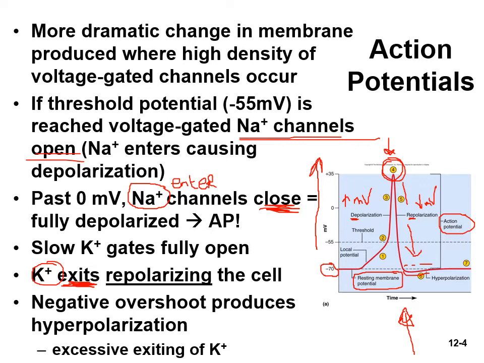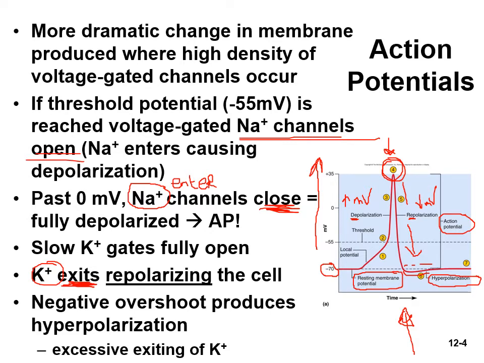So see how it dips below the negative 70? So this dip is called hyperpolarization, and it's usually quite normal at the end of repolarization, and it can quickly be adjusted by closing off the potassium and then once again waiting for the sodiums to open up so you can once again do your whole depolarization step.